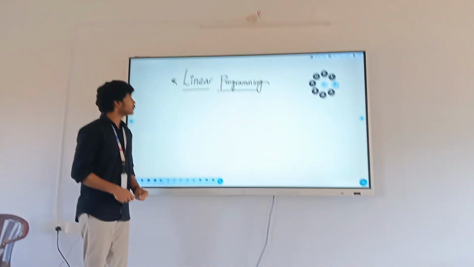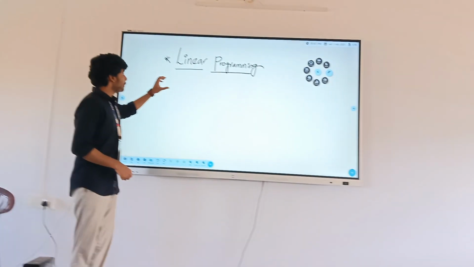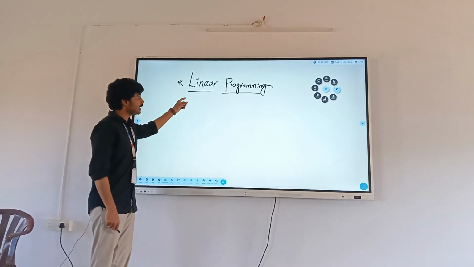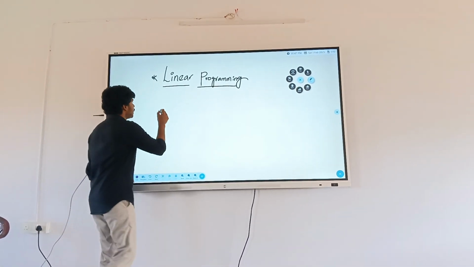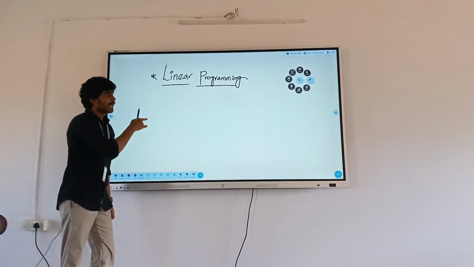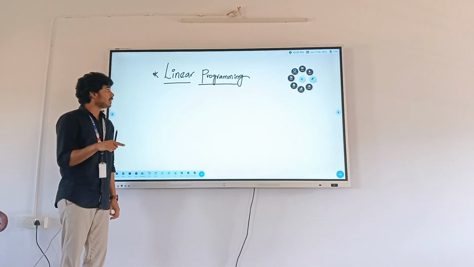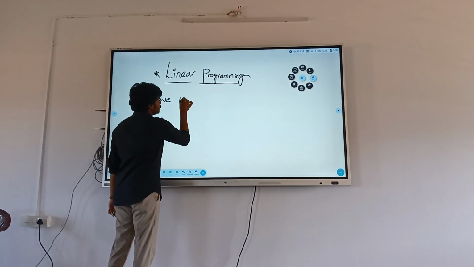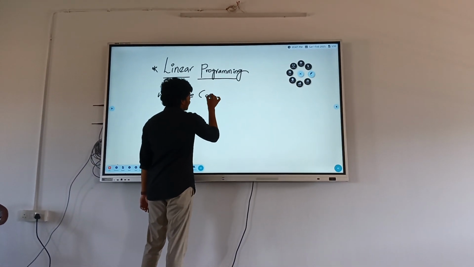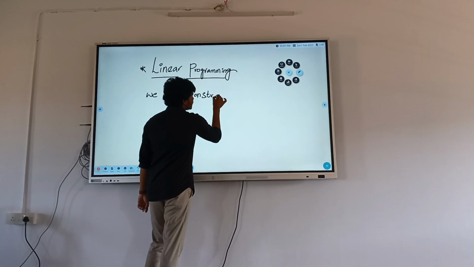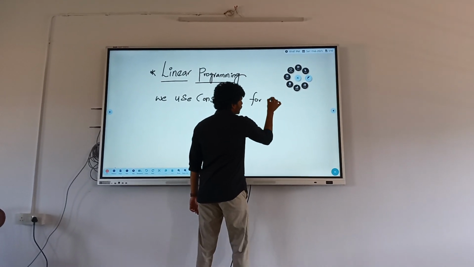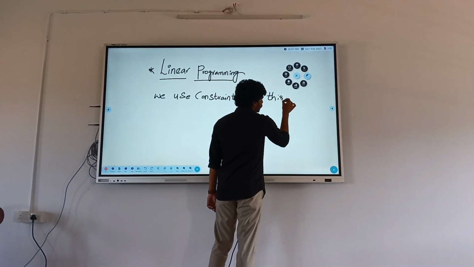Today I am going to explain a particular topic in optimization techniques, that is linear programming. Coming to linear programming, it is constraint based and linear, that is, we use constraints for this problem.